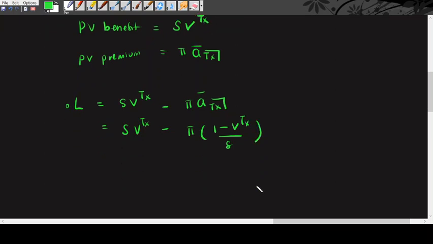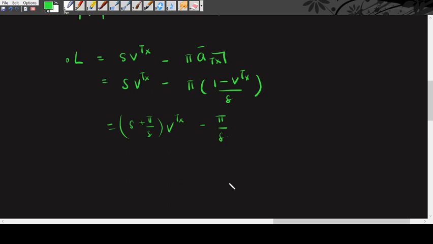So here we can combine the v^T_x terms, and you are going to have (S plus pi over delta) v^T_x minus pi over delta. This is the loss from the perspective of the insurance company.